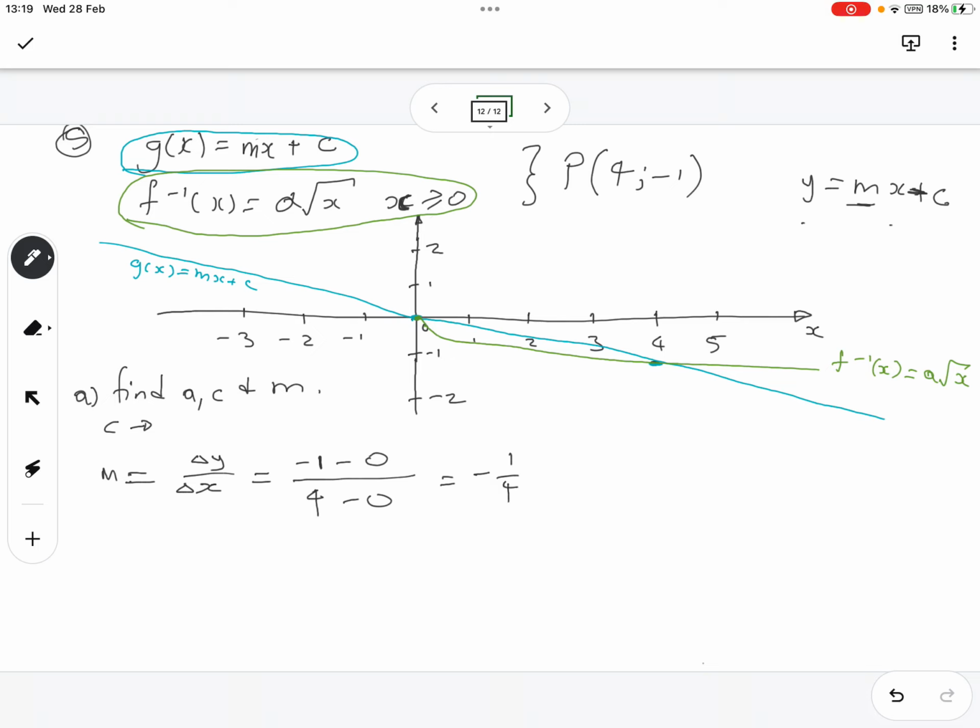So my gradient is -1/4. Then I have y equals -1/4 x plus c.